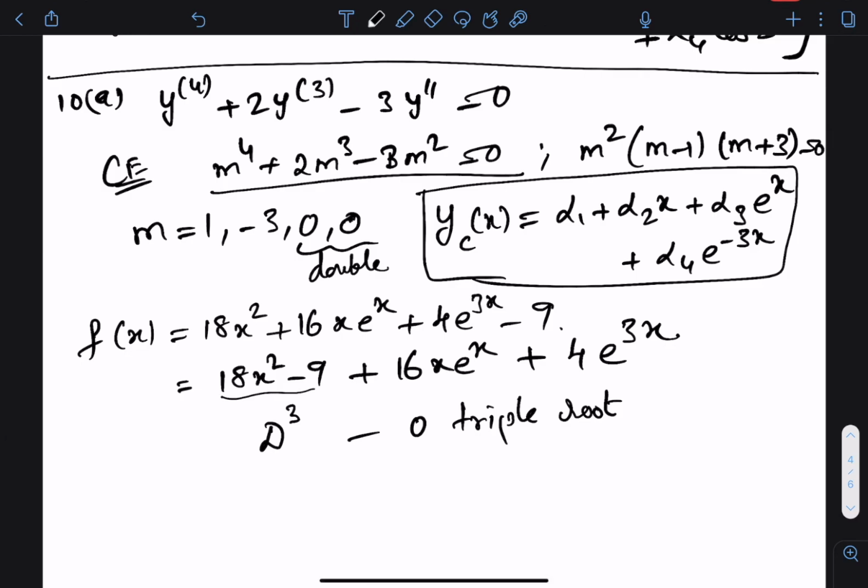Then the second term, 16x e power x, is a polynomial multiplied by an exponential with e power x, so it's D minus 1, and since the polynomial has degree 1, it's D minus 1 square, with 1 as a double root.